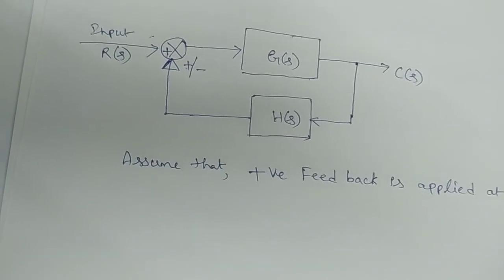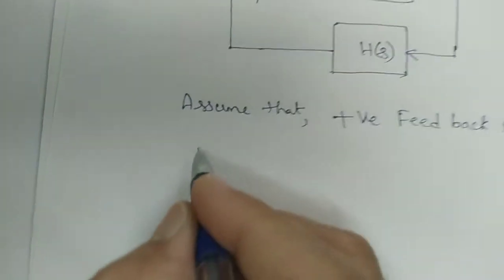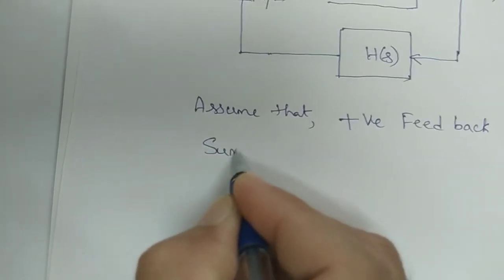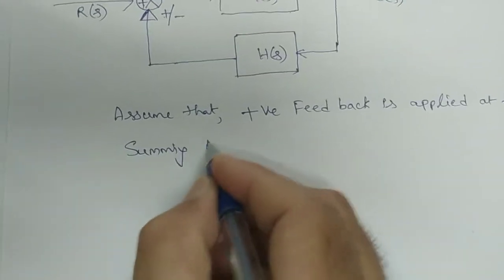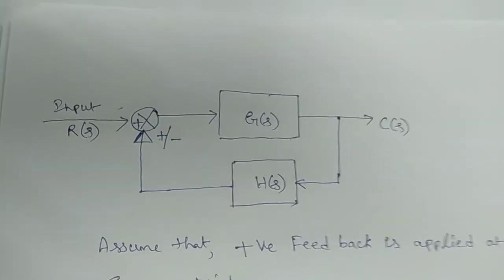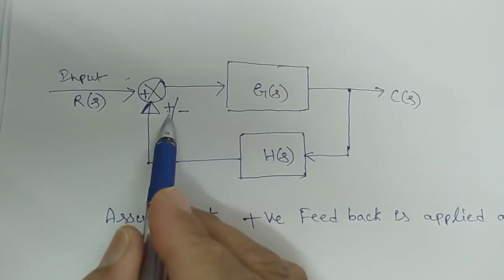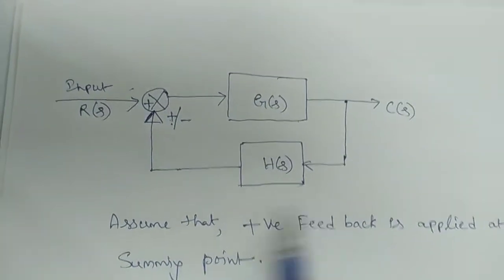That point is called the summing point. Assume that the positive signal is given. Assume that there is no minus, only plus will be there.